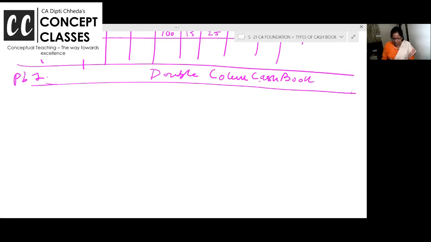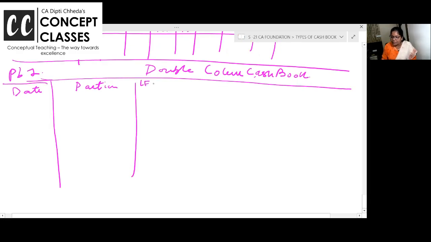Problem number 1. And in double column, what are the columns we should make? Date, particulars, ledger folio, amount.